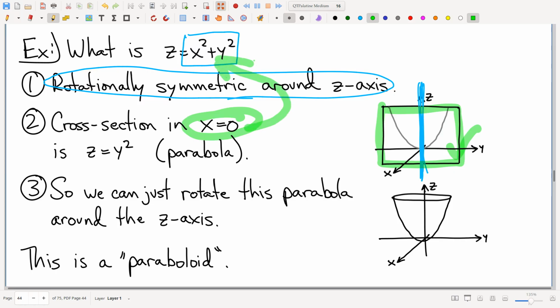I can plug that in, and what comes out when I do that, this just turns into that, which is straight up, very familiar, just a parabola that looks like that. And it's all over the shouting at this point, right? So we've already observed that our actual surface is rotationally symmetric.